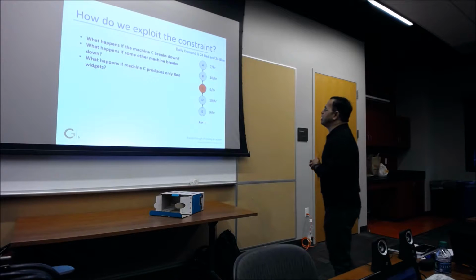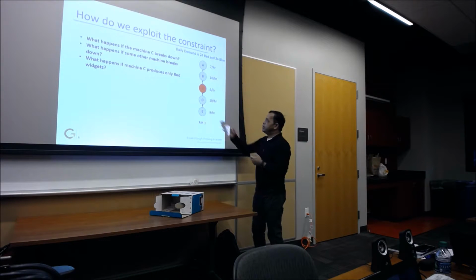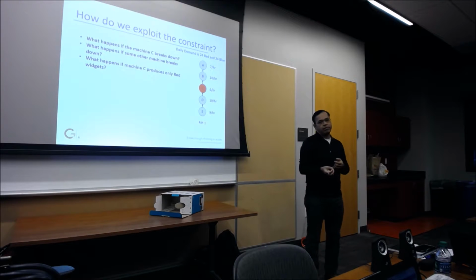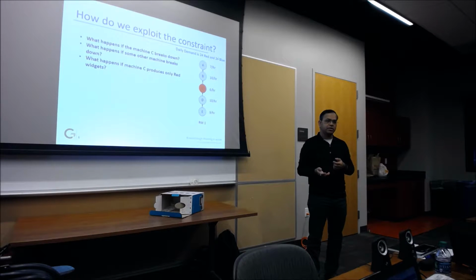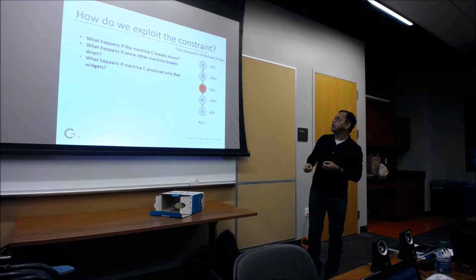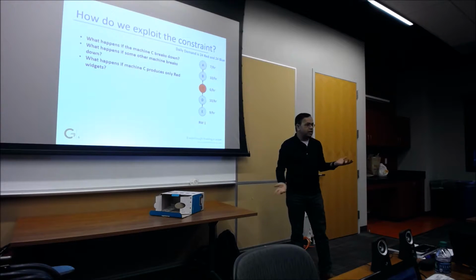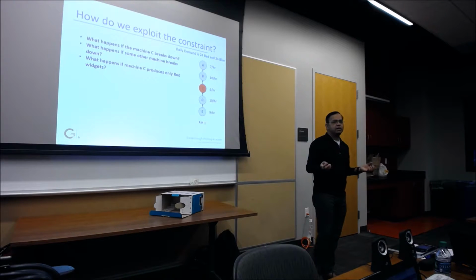So how do we exploit it, right? By ensuring this machine doesn't break down. If this machine breaks down, guess what will happen? It will produce less than 6. Right? What happens if some other machine breaks down? There's some buffer available, right?